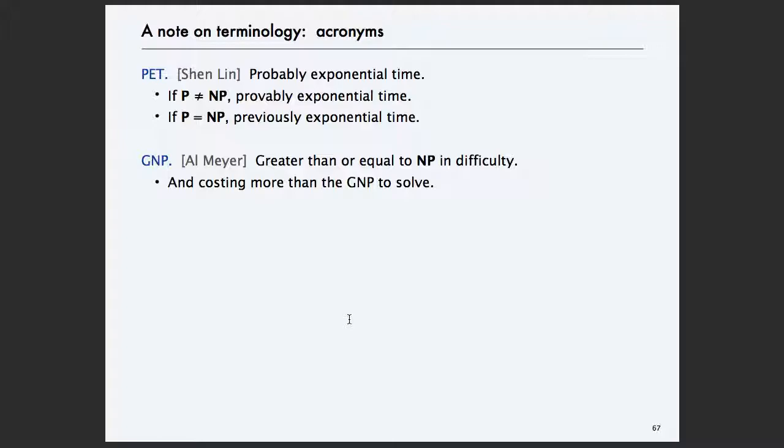And if P is not equal to NP, it would be changed to provably. And then if it's equal, we'll change it to previously exponential time. That was a cute proposal.